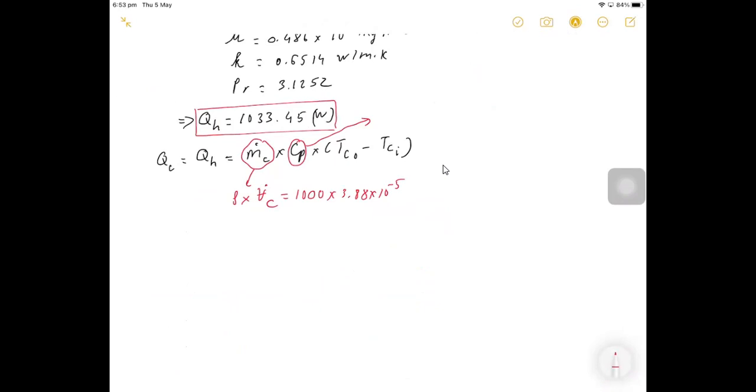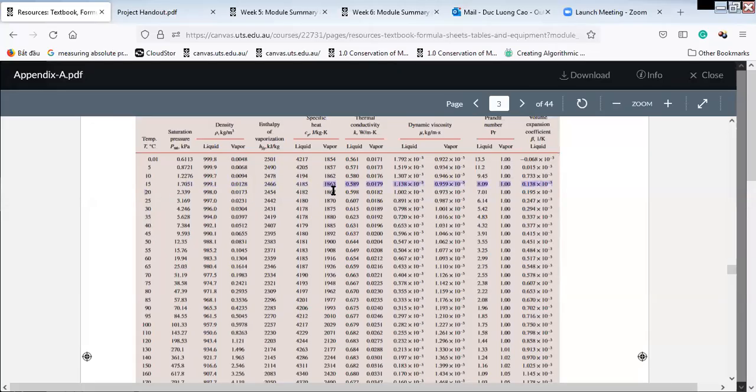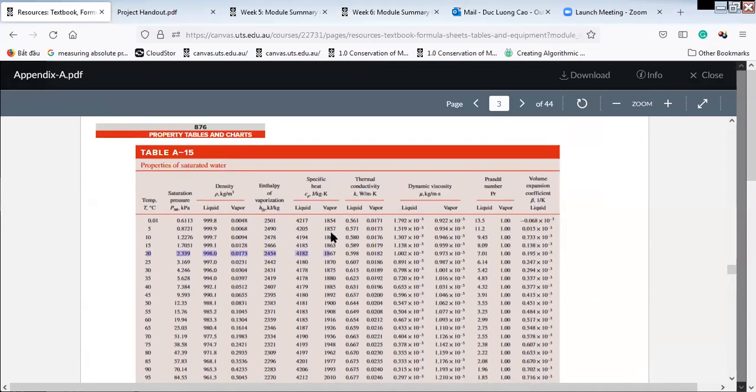But if you have a look at the properties of water around 20, at 20 Cp is 4182, at 25 is 4180. Okay, it's very close. So I assume as the average temperature Cp is 4182.